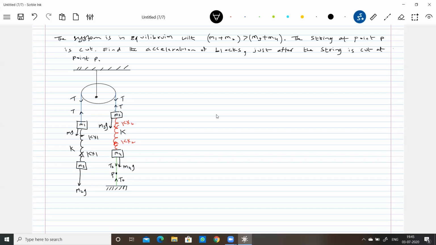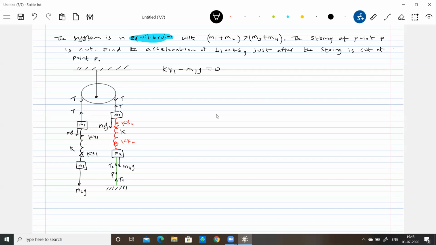Initially, kx1 is equal to M2g? Yes, it is, because the system is in equilibrium. So I can equate the net force acting on each individual block. First, kx1 minus M1g equal to 0.